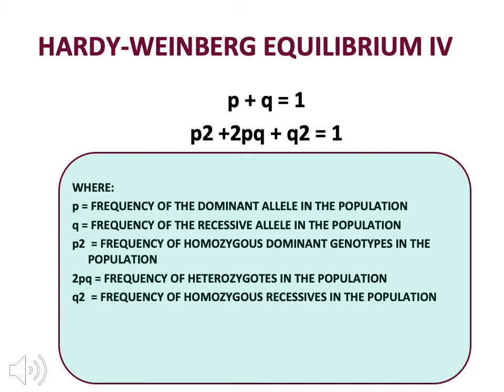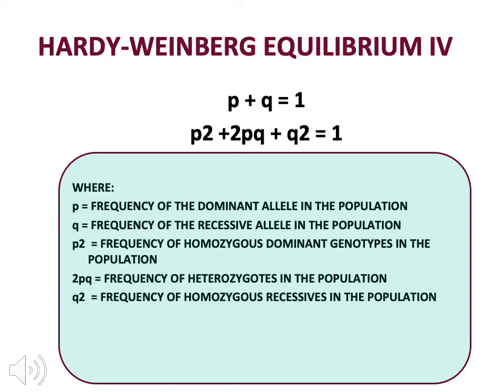So the equation P plus Q is going to be used to determine the overall percentage of the dominant allele loci or recessive allele loci found in the population, but it's also going to be critical for our ability to figure out what P or Q actually is when we start thinking about this second equation.